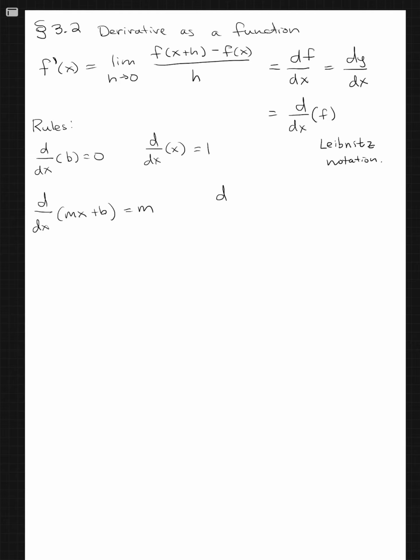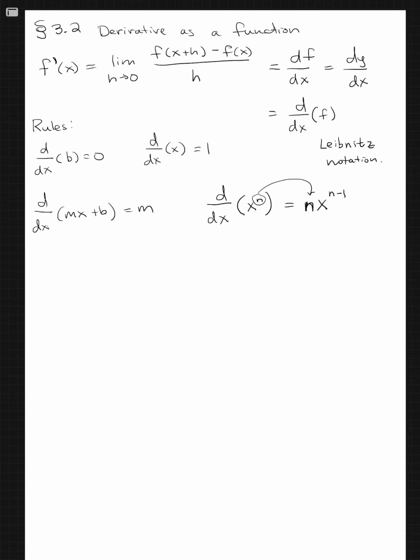We also have a couple of other specific function types to add to it. We have the rule that you will be using absolutely the most often, all the time, forever and ever, for power functions, right? And the rule for that is that we bring the power down, right? So this n comes down, then we multiply it by x to the next lowest power, right? So if it's x cubed, it becomes 3 times x squared.